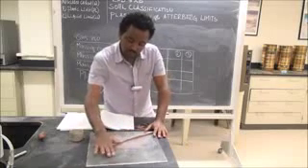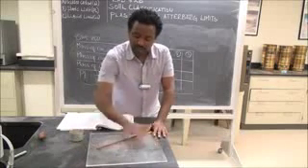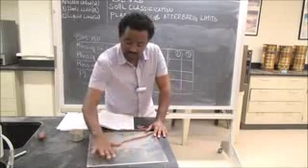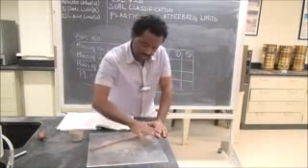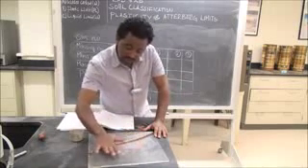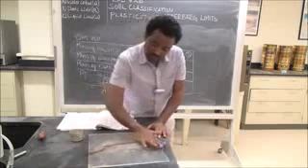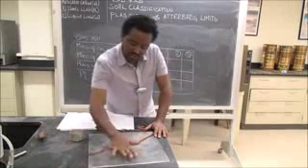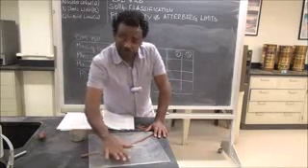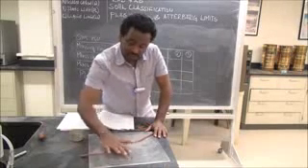You do this uniformly over the whole area, and it gets thinner and thinner. And at last you'll find that it will start to crumble at about 3 millimeter or 1/8 of an inch.